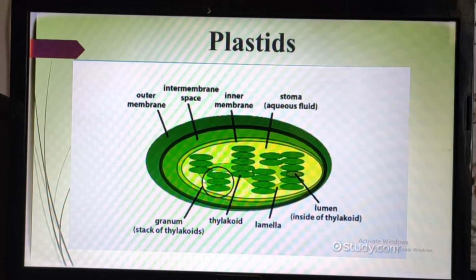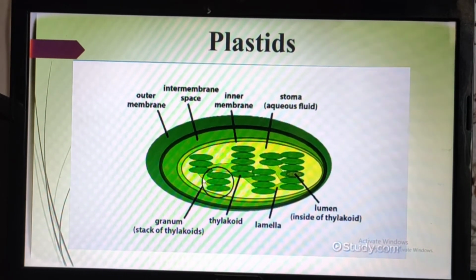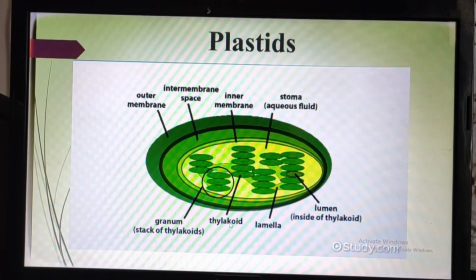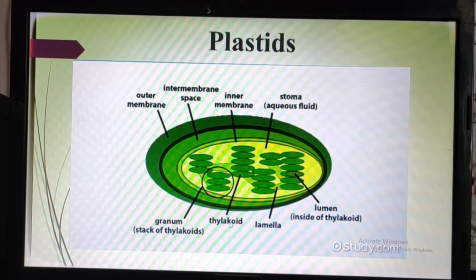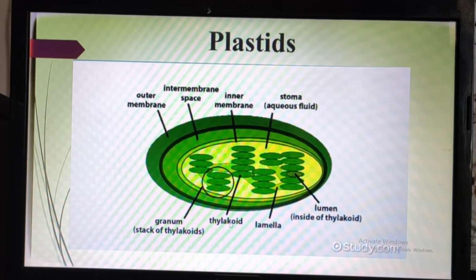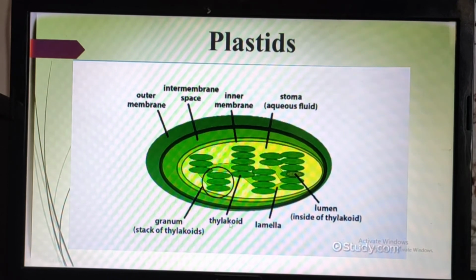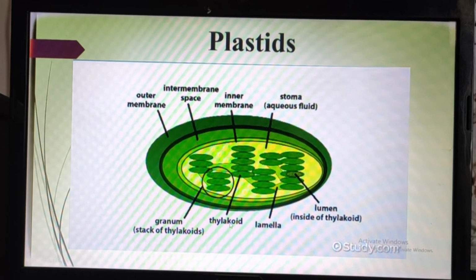There is a sac-like structure, which are connected to one another, called a thylakoid. And these thylakoids are arranged in the form of stacks. This stack of thylakoids is called a granum. Single is called a granum and two or more are called grana.